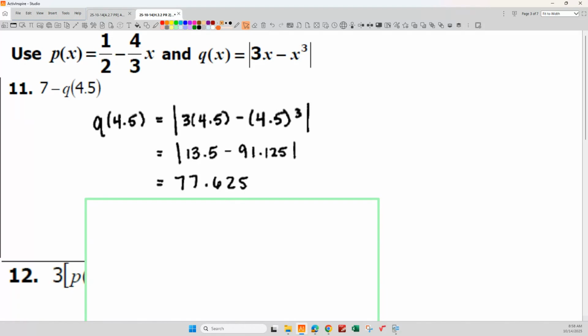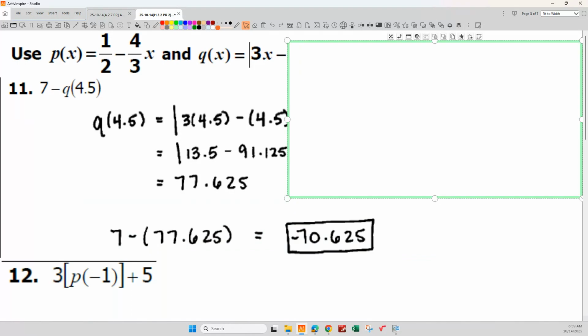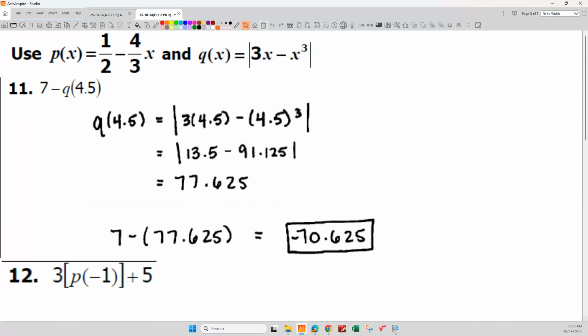Yeah, plug it in. That's just 7 minus that. So what's the answer going to be? What's 7 minus that bizarre decimal, 77.625? Yeah, good. So negative 70.625. That's it. Okay.